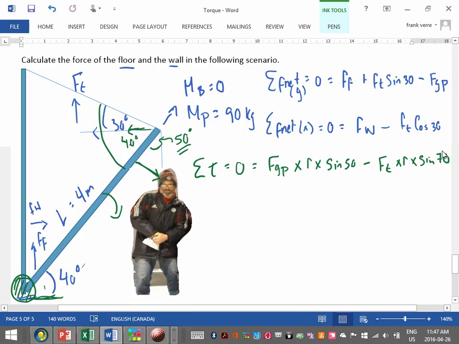So now guess what we can do? We can solve for Ft, right? Because we have the mass of the individual, we could say Ft times R sine 70 equals the weight times R times sine 30.